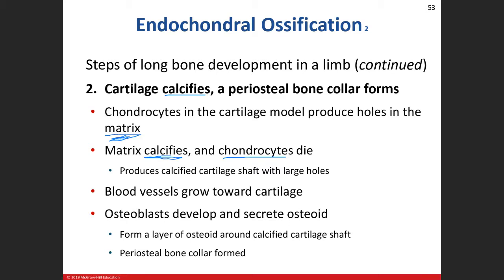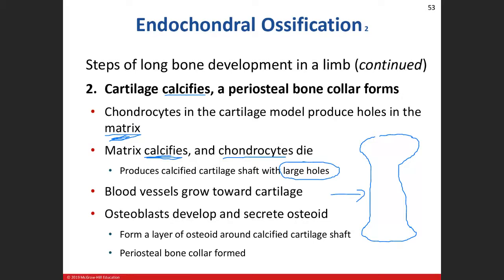And when that occurs, we start to get these large holes inside of our little humerus there. Okay? So we're going to start off, and I should have said this before, when we're talking about the long bone here, we're going to start off here in the diaphysis, in the shaft, okay?